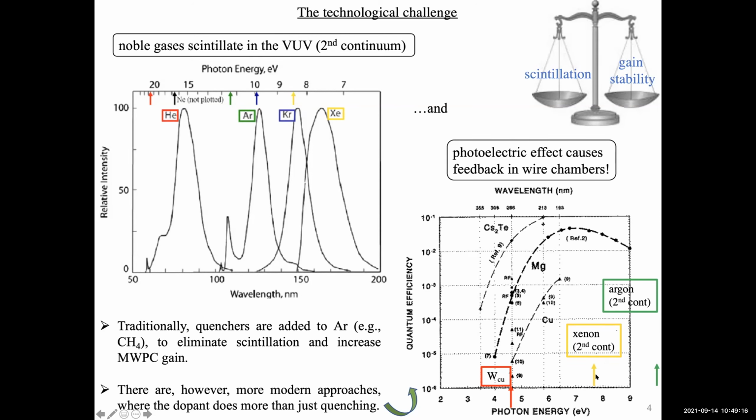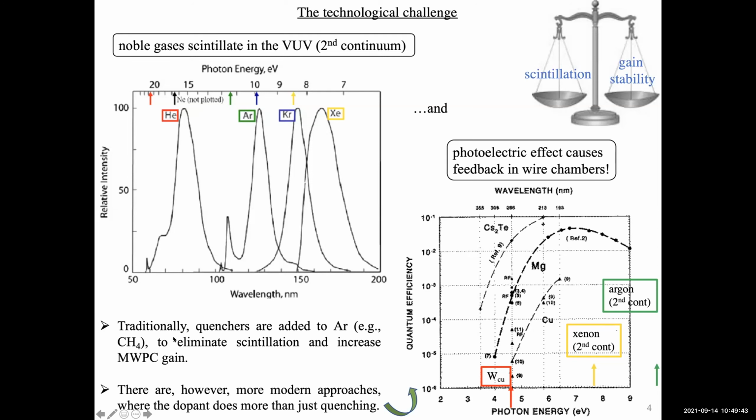So it's going to give a pretty large photoelectric effect in the multiplication region that we need in the gas. And so with this scintillation and this quantum efficiency, clearly the multiplication process will destabilize. And so it won't be possible to get a simultaneously good avalanche gain and good primary scintillation.